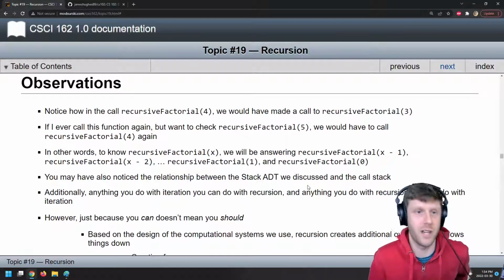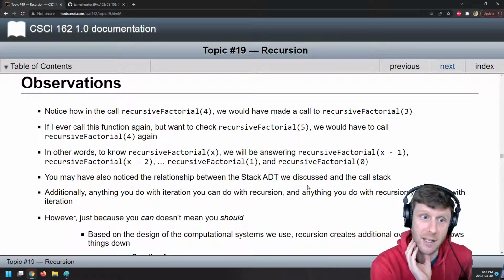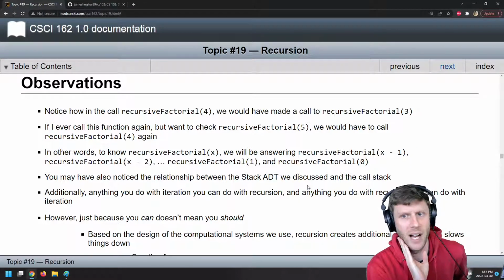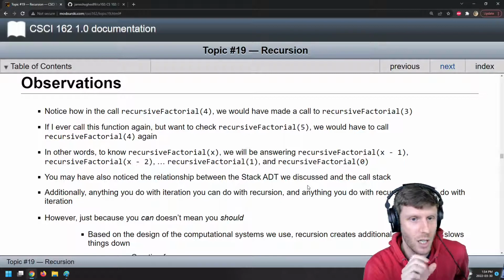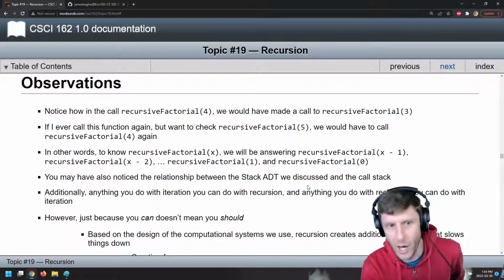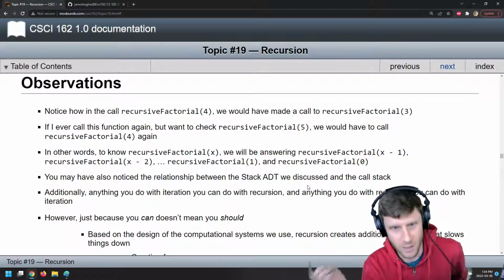Observations: notice how the call to recursive factorial 4 would have made a call to recursive factorial 3. If I ever call this function again to check recursive factorial 5, we would have to call recursive factorial 4 again. In other words, to know recursive factorial of x, we will be answering recursive factorial of x minus 1, x minus 2, all the way to 1 and 0.